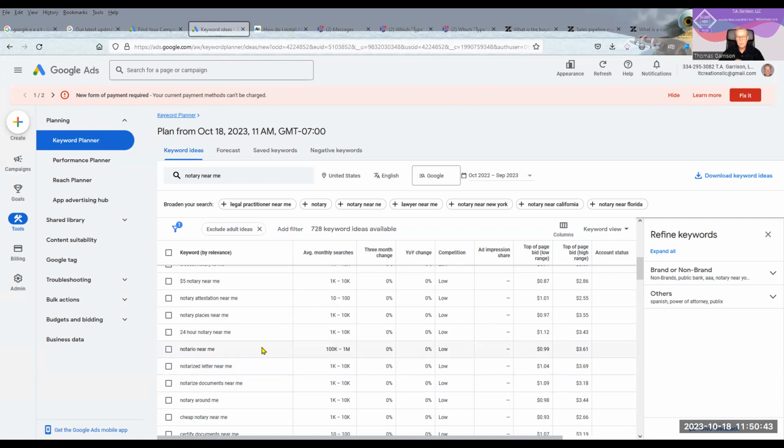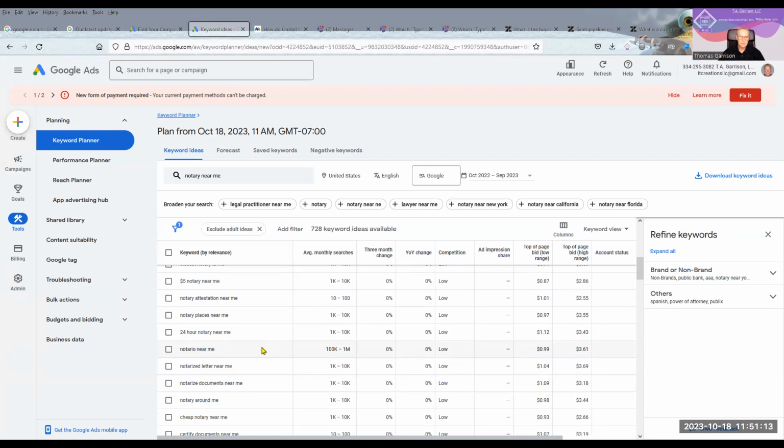Notario near me would be something that you might consider when you're making your pages. It's against the law. Pardon? That's against the law. They're considered attorneys as well, and I'm not an attorney. It's just notary law. Nobody would know that, but for that, they're also considered attorneys, and I am not, so I can't advertise that way.